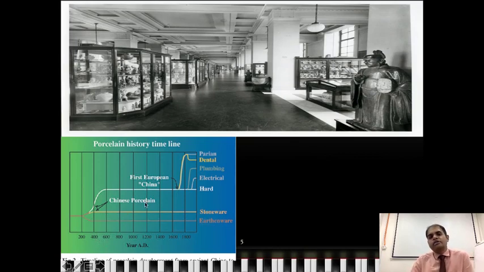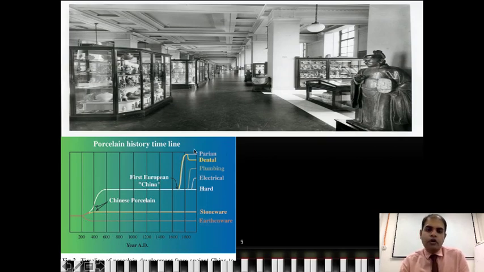Then Europeans got this technology from China and developed the first European china ceramic. From 1200 till 1800, dental porcelain and other porcelain used in plumbing, electrical, hardware, stoneware and artware were created or invented. So it came to the markets, right?